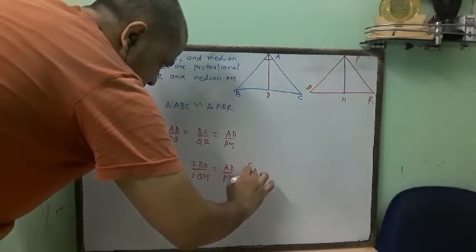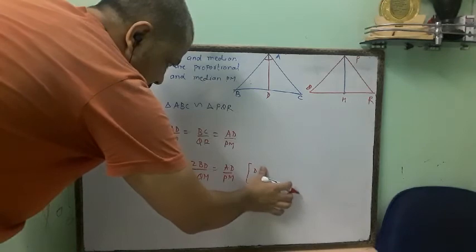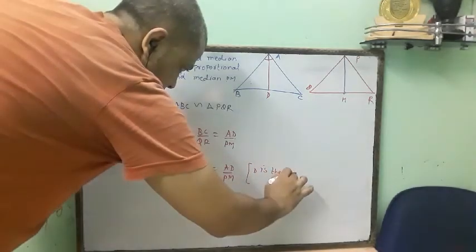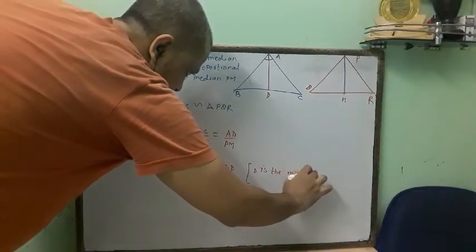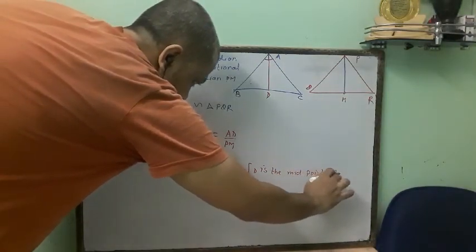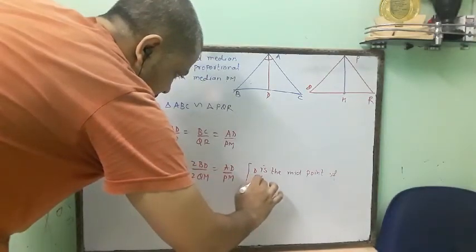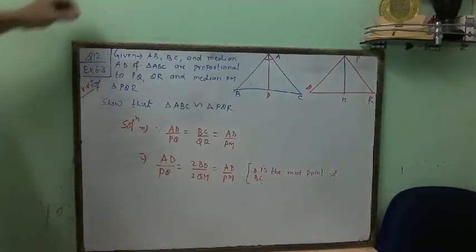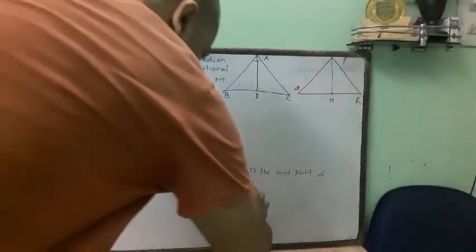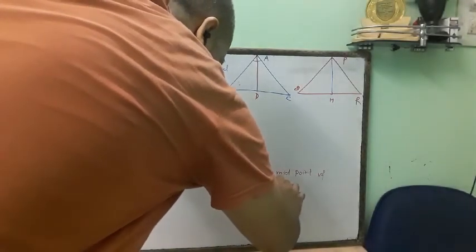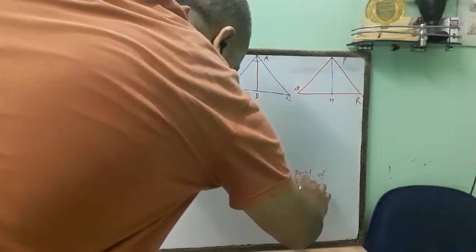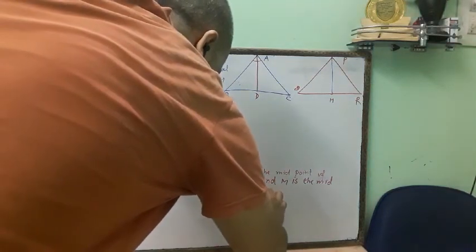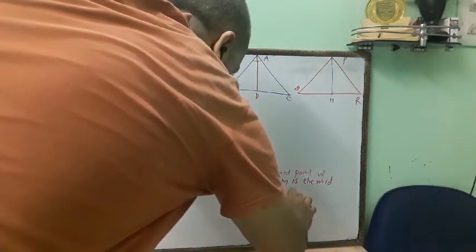We write 2BD and 2QM because D is the midpoint of BC, and M is the midpoint of QR.